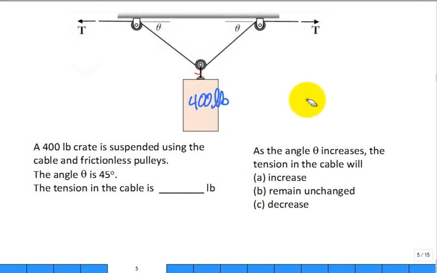As the angle theta increases, the tension in the cable will increase, remain unchanged, or decrease. What will happen to the tension in the cable as theta increases? It's a multiple choice. Let's go ahead and get started. There's plenty of time, I hope.